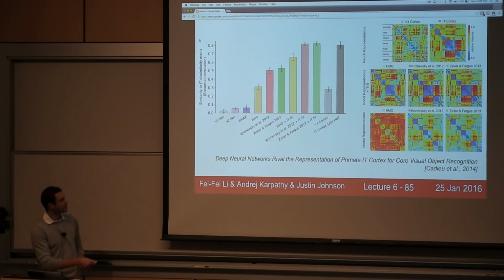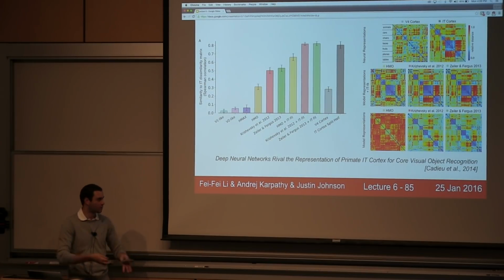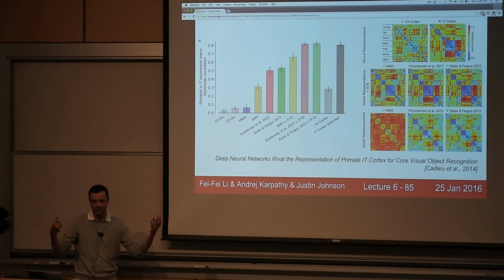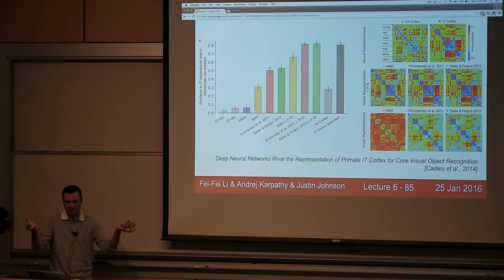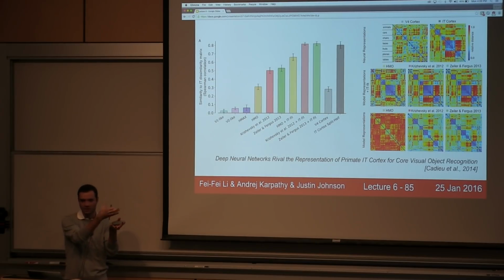Perhaps even more striking are these results, where they fed a lot of images through the convolutional network, and they got this monkey to look at lots of images. Then you look at how these images are represented in the brain or in the ConvNet. These are two spaces of representation of how images are arranged by the ConvNet, and you can compare the similarity matrices and statistics. You'll see that the IT cortex and the ConvNets have very, very similar representations.